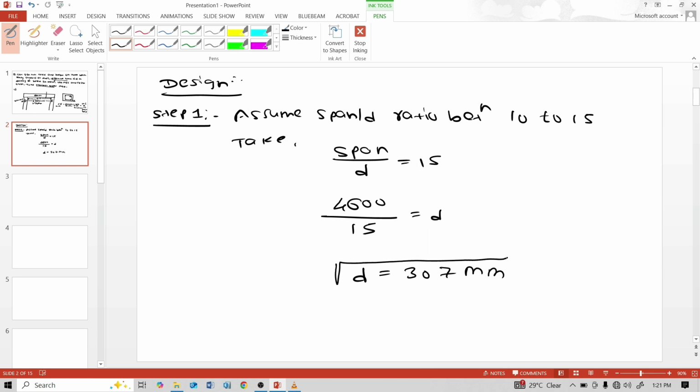This D is effective depth. Effective depth is, this is the section of beam. This is stirrups.